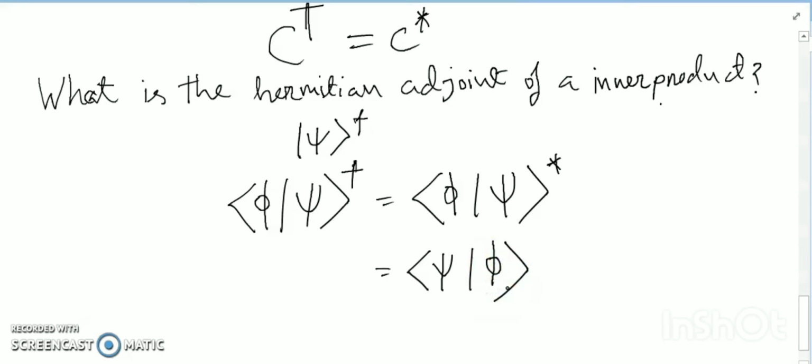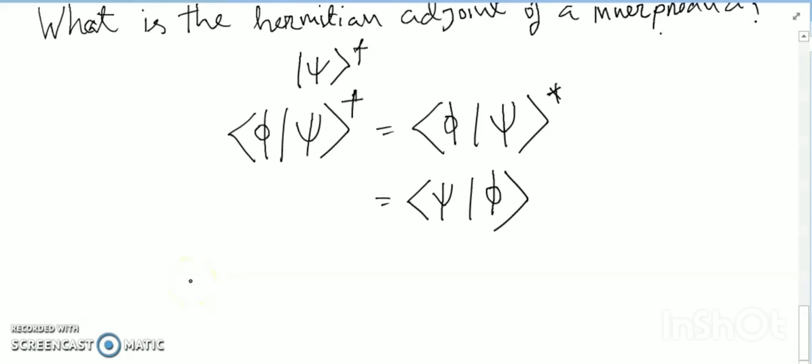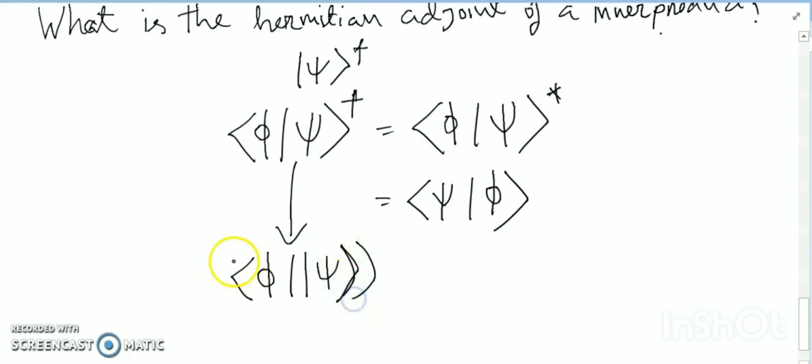But we can also evaluate the Hermitian adjoint of the inner product by first breaking up our inner product and using our rule for adjoint products.